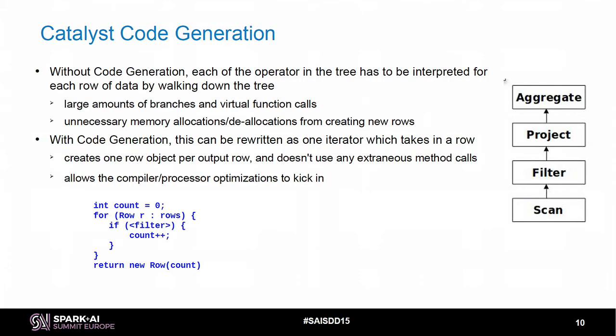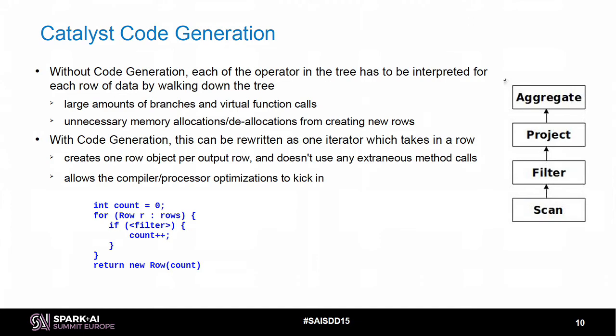Coming to the Catalyst code generation. Once all this is optimized, we have the optimized physical plan. Even without code generation it is possible to execute the query, but that would require going over the tree one node after another for each row.